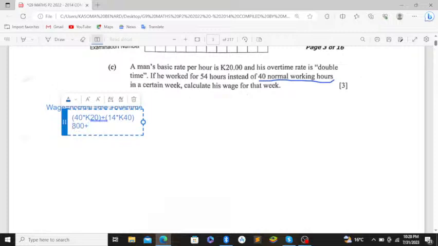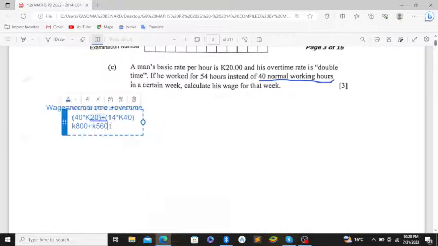Sorry, here I didn't put the kwacha sign, which should be like that, and this side we should say equal to 560. This is the value of overtime and this is the value of normal time.